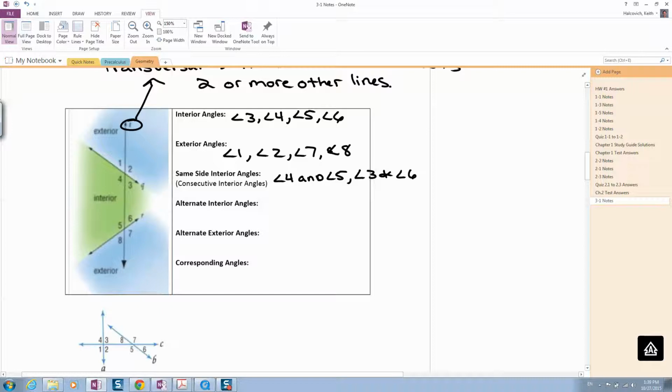Alternate interior is basically different side of the transversal and on different lines.